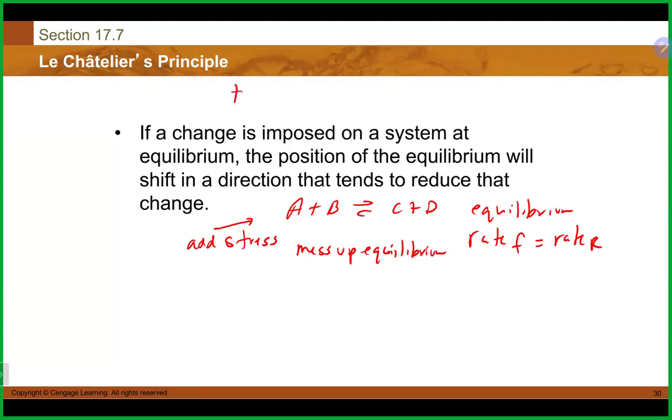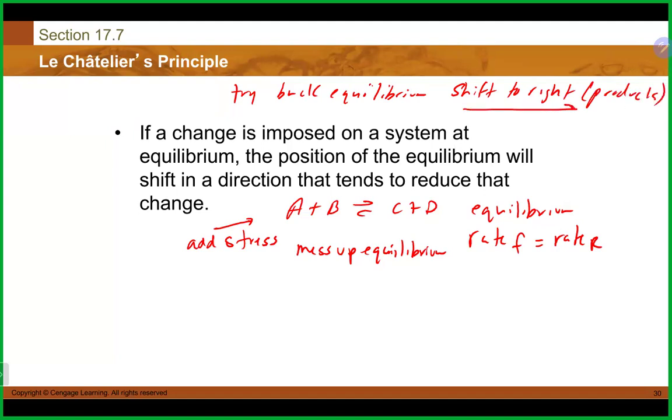And as it tries to get back to equilibrium, it will basically do one of three things that we talked about. It will shift to the right, which means we'll make more products. That really means that the forward reaction will start to predominate. It could also shift to the left, which means we'll need to make more reactants to once again reach equilibrium.